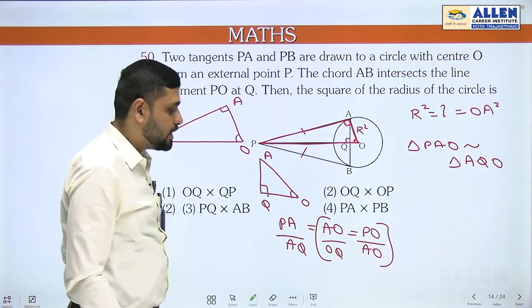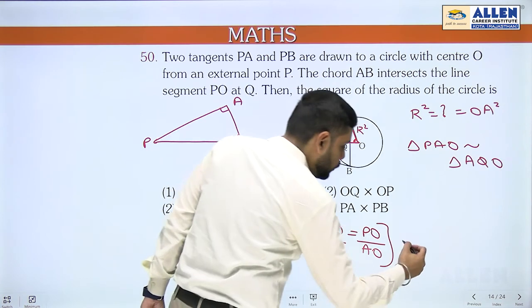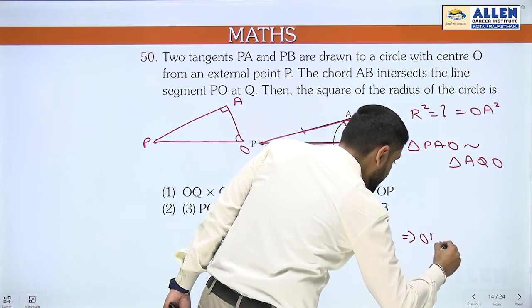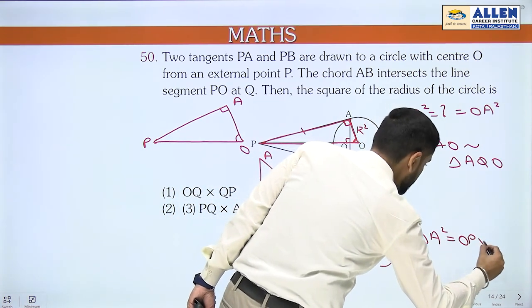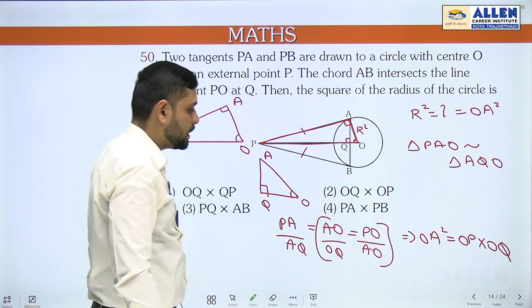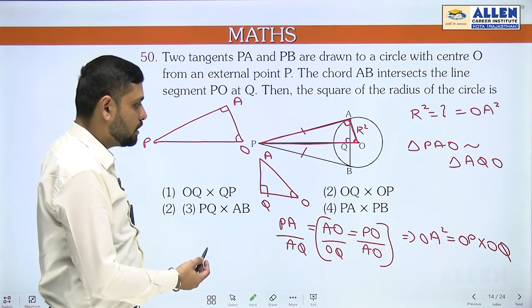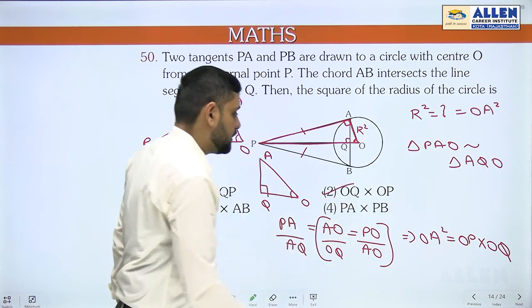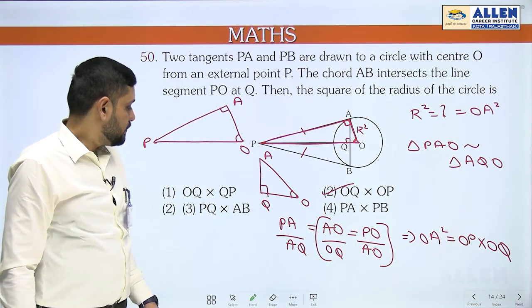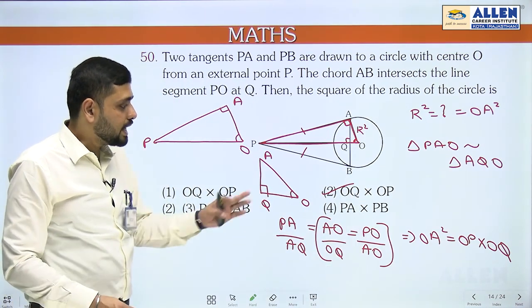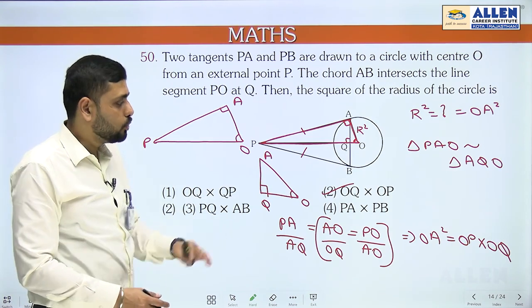So we require OA square. That's why we are taking these two equal and cross multiplying, so we'll get OA square equal to OP into OQ. This will be our answer. In this way we need to solve this question. So the second option will be our answer. Now you can note it down.